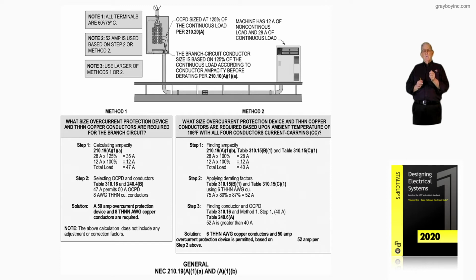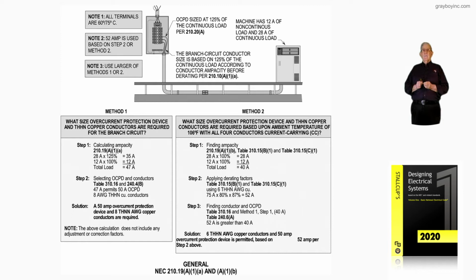So we would take a 75 amp rated conductor routed through 106 degrees Fahrenheit. We have 4 current carrying conductors, so it'd be 75 amps from the 90 degree column for that wire size, times 80%, times 87% for adjustment and correction factors. We come up with 52 amps that we would have there.